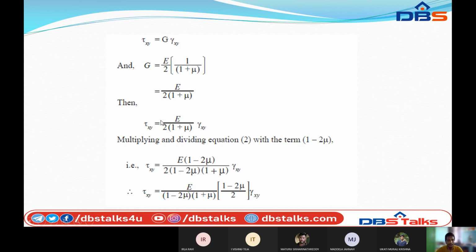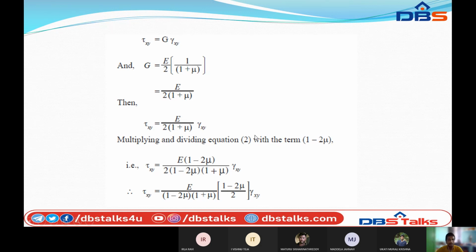For simplification, I'm multiplying and dividing the term by 1 minus 2 mu for cancellations. E into 1 minus 2 mu is multiplied by 2 into 1 plus mu into 1 minus 2 mu.